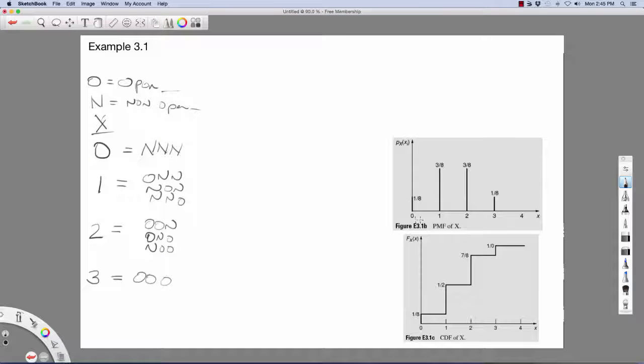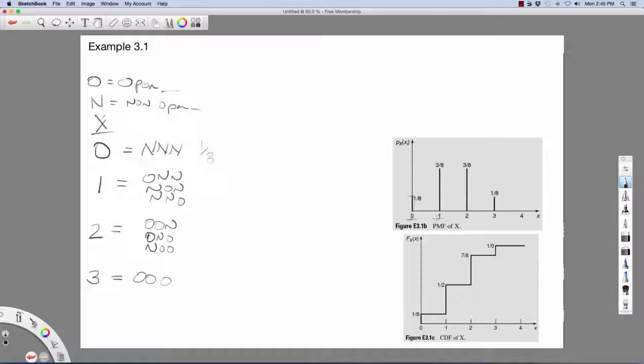The first probability is for 0, and we had 1 out of 8. 1 possible scenario out of a total possible number in the sample space of 8 gives us a probability of 0 being operational after 6 months of 1/8. So we plot the value 1/8 at the 0 marker.